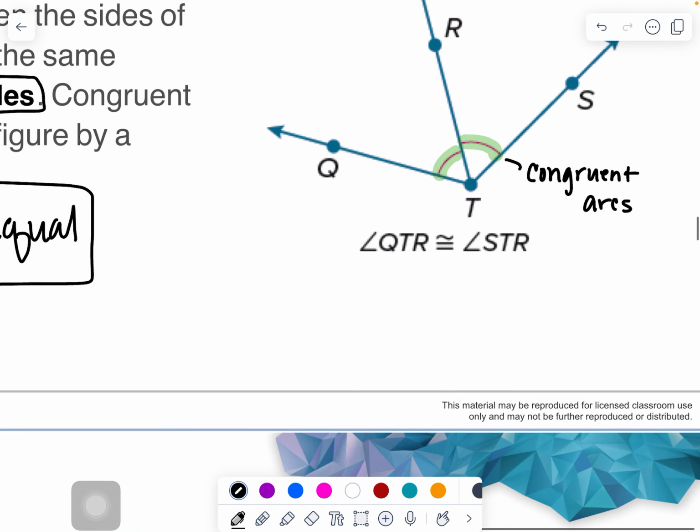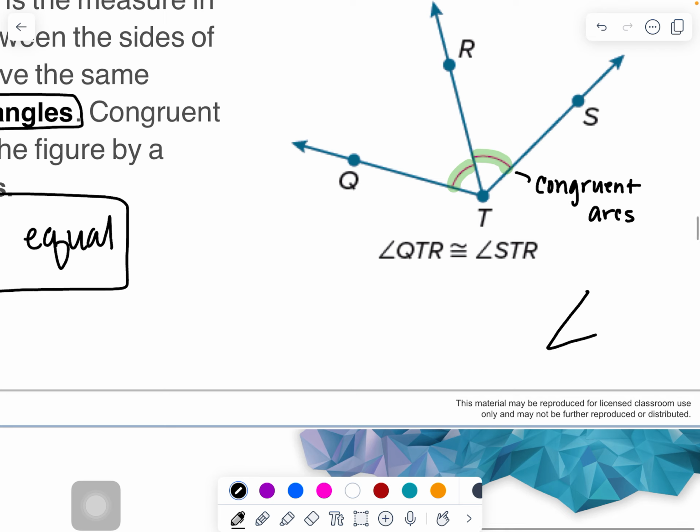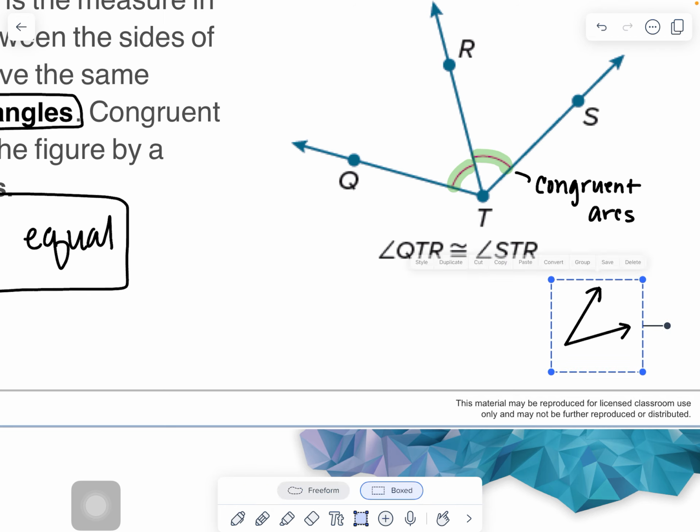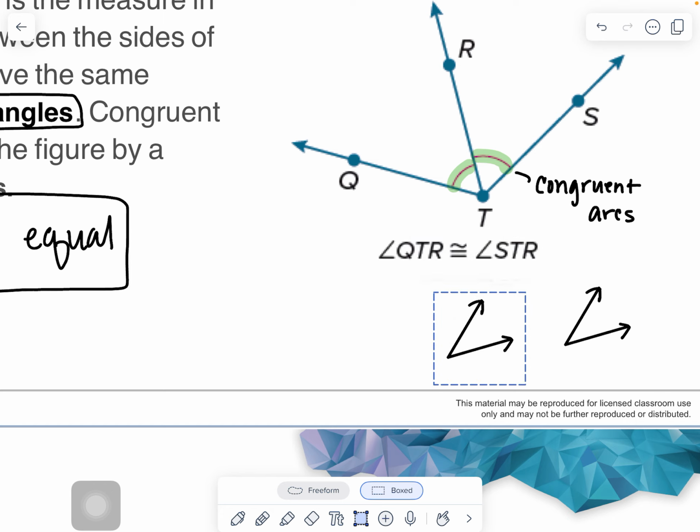So if I was to have another set of angles over here, let's see here. Copy. So I've got two congruent ones over here, but they're not the same size as those ones above.